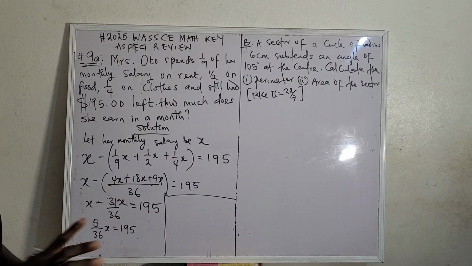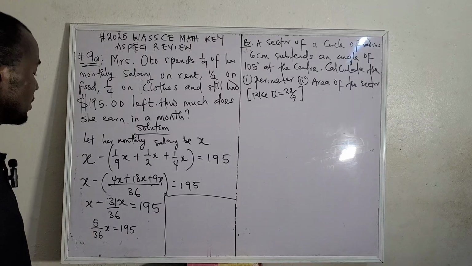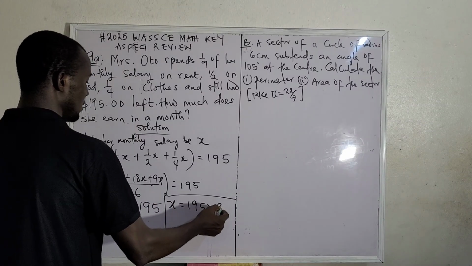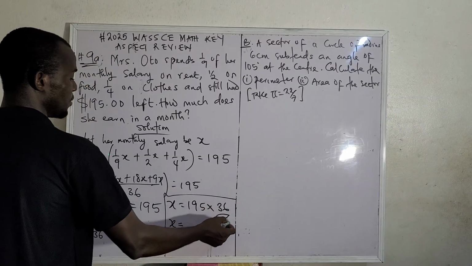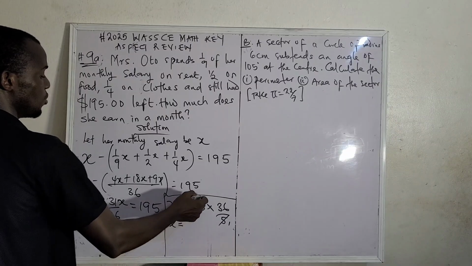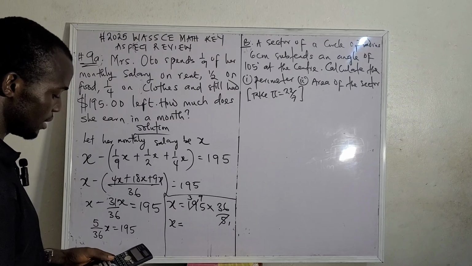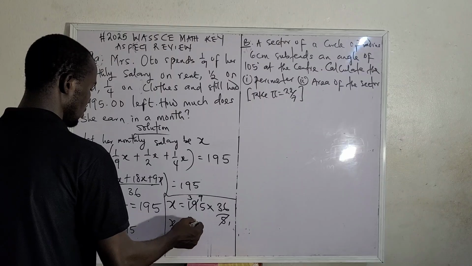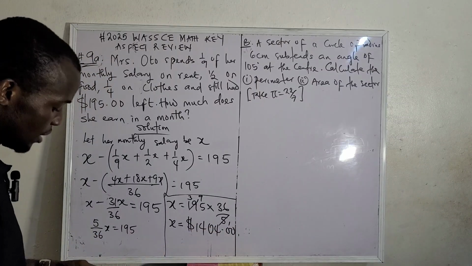If I multiply both sides by the reciprocal of 5 over 36, my x will be 195 multiplied by 36 over 5. This 5 here: 5 into 19 is 3, remainder 4, this is 39, and then 39 multiplied by 36 is 1404.00. That's what we are going to have.